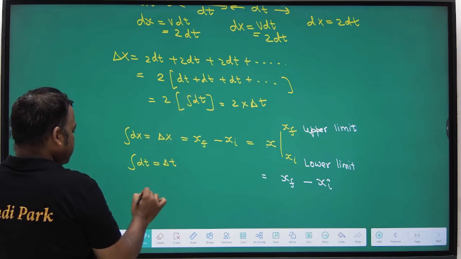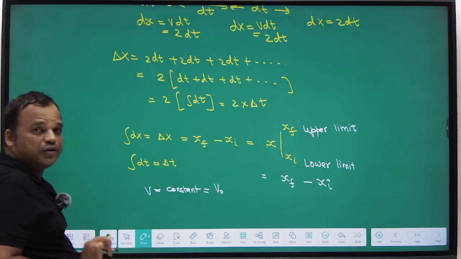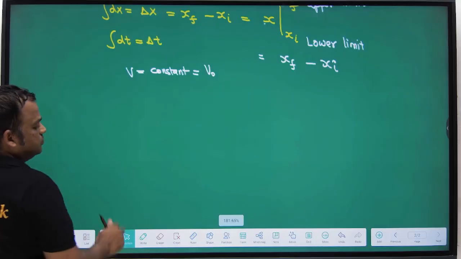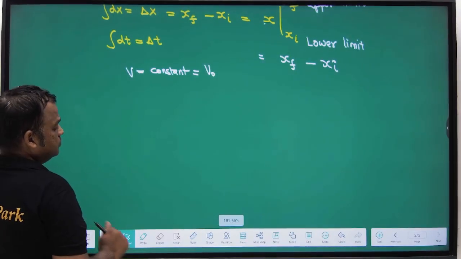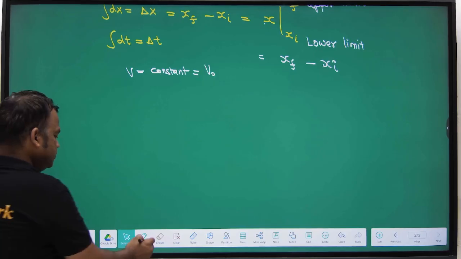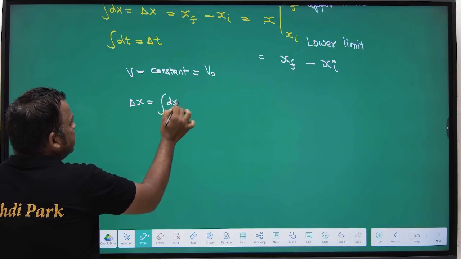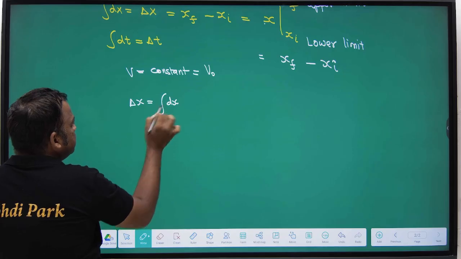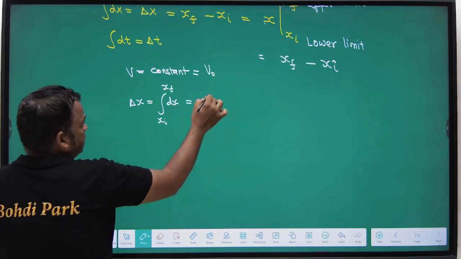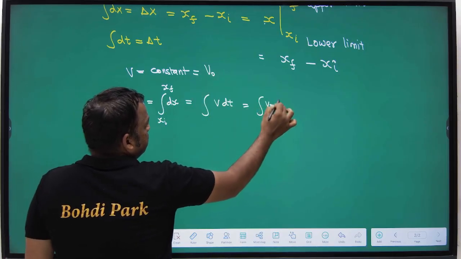So we can say if velocity is equal to constant, and suppose the constant velocity is v naught, the total displacement will be given as integration of dx with initial value x initial to final value x final, and that is equal to integration of v dt, and v is v naught, so integration of v naught dt.